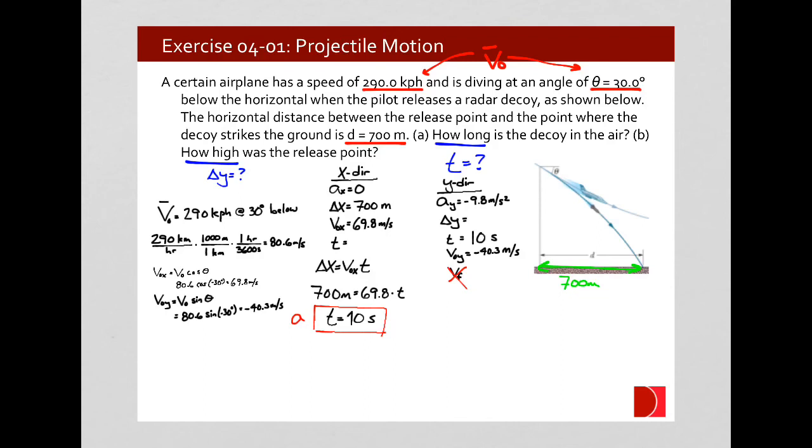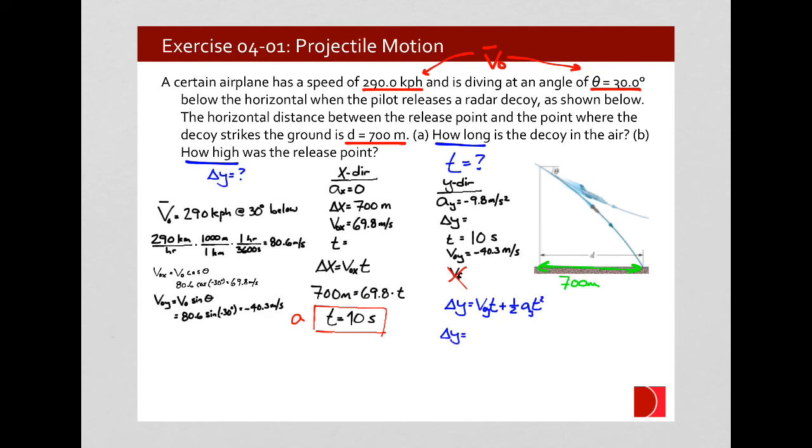We'll want to pick the kinematic equation that uses these variables. And that kinematic equation is this one. We want to find delta y.